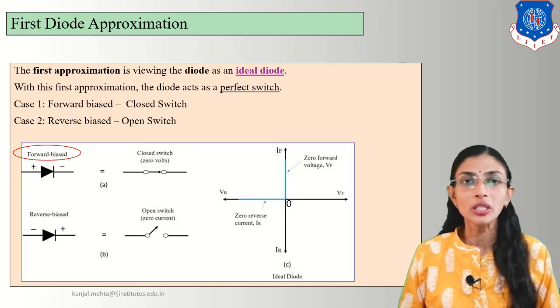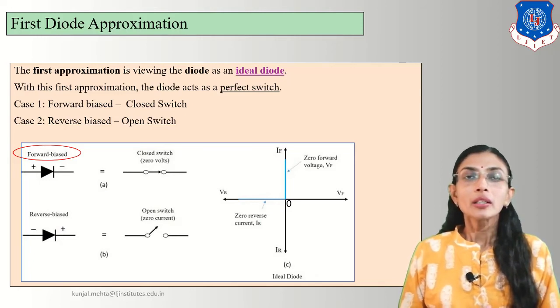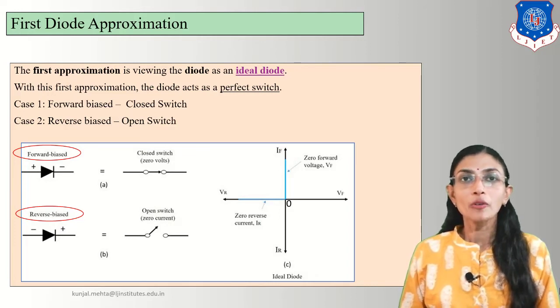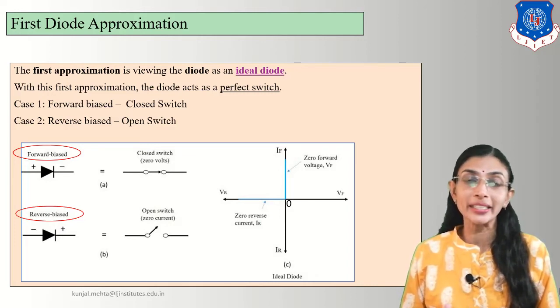So this connection is known as the forward bias connection. Now look at this. This is the second case, the reverse biased diode. Here, the negative battery terminal is connected to the anode and the positive battery terminal is connected to the cathode. According to these connections, we will have to draw the equivalent circuits of the diode. It can be a closed switch and it can be an open switch.